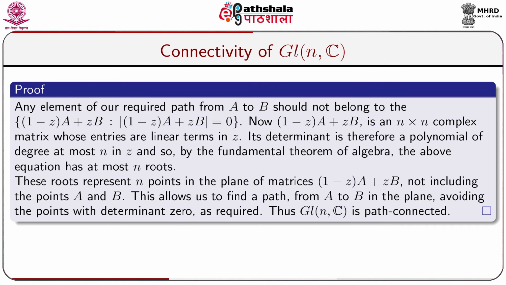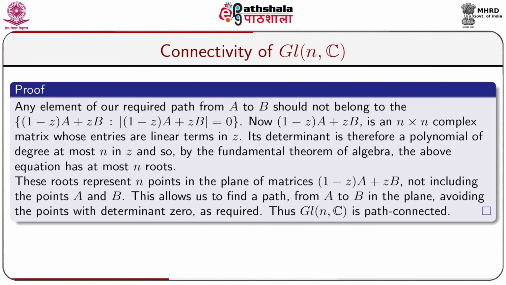Its determinant is therefore a polynomial of degree at most n in z, and therefore by the fundamental theorem of algebra its determinant may have at most n roots, and at these points it is possible that (1 minus z)A plus zB will have zero determinant.